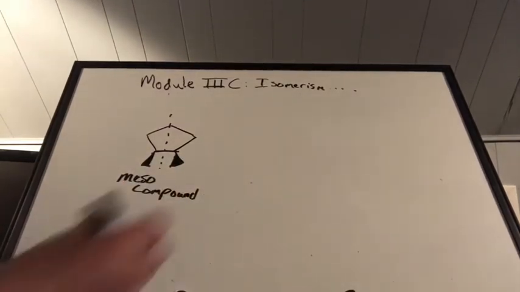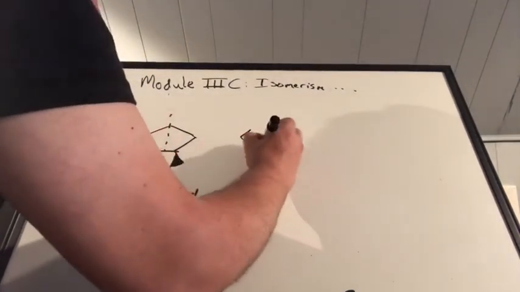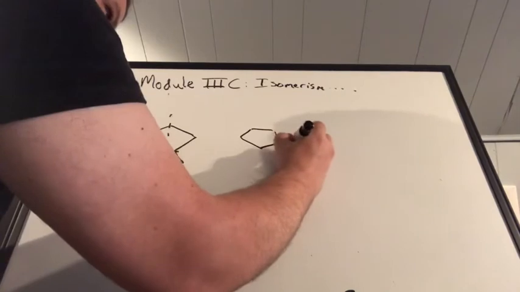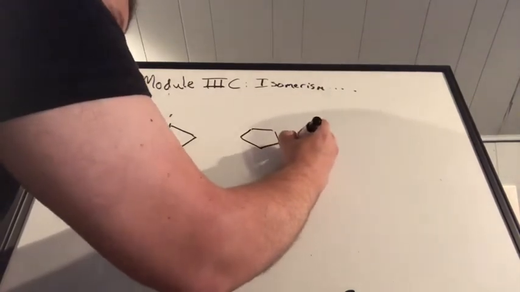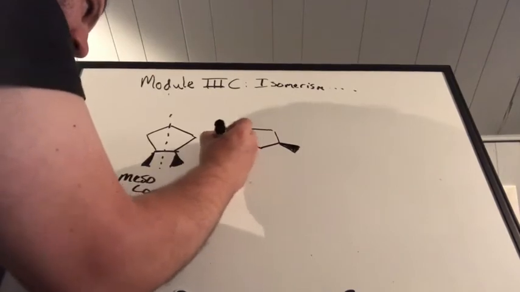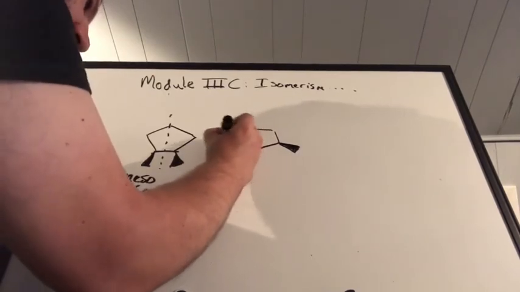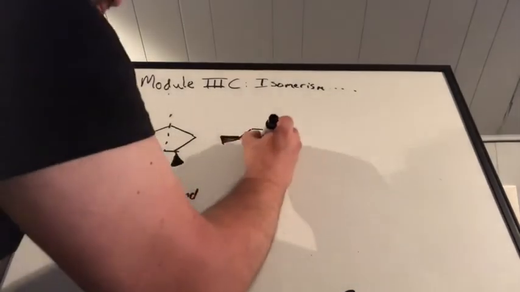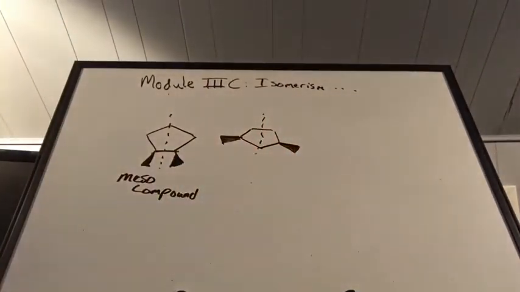Okay, so the same thing could be said if we have a 1-3 relationship. And again, those two carbons are on the same side of the plane. In other words, wedging and sticking out. Okay, so we have that split down the middle.